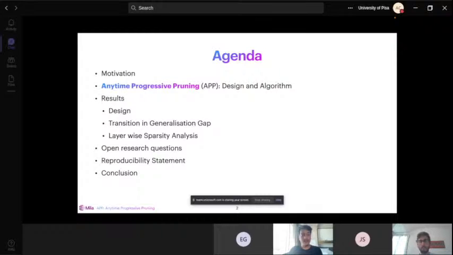Then we'll do in-depth analysis of the results that we obtain, which are based on some ablation studies and some interesting trends that we observe with the training dynamics. We'll also open the floor to some research questions that we highly implore people to explore in depth based on this paper. And we also conclude this talk with a reproducibility statement.